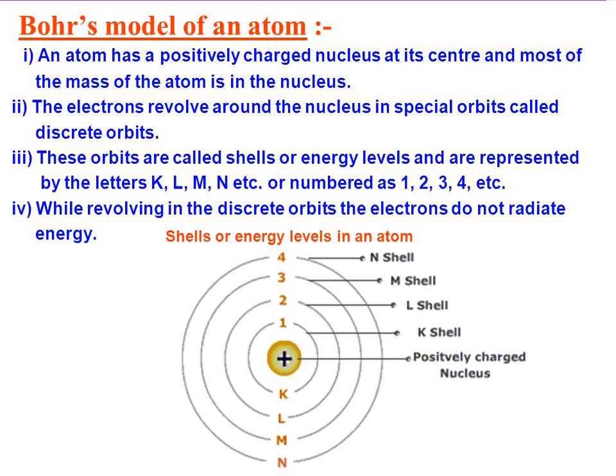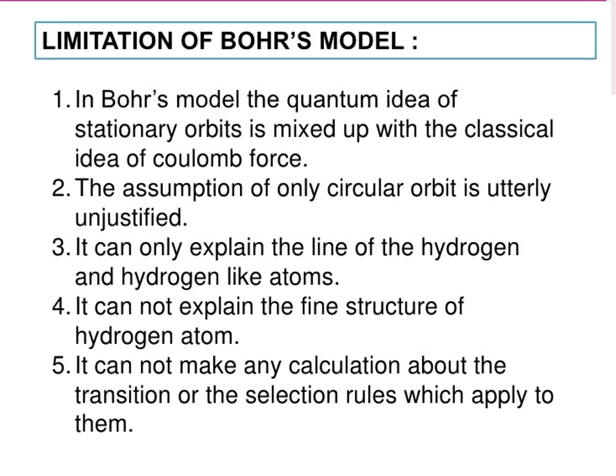So what are the limitations? What are the limitations of Bohr's model? The quantum idea of stationary orbits is mixed with the classical idea of Coulomb force. The assumption of only circular orbits is unjustified.